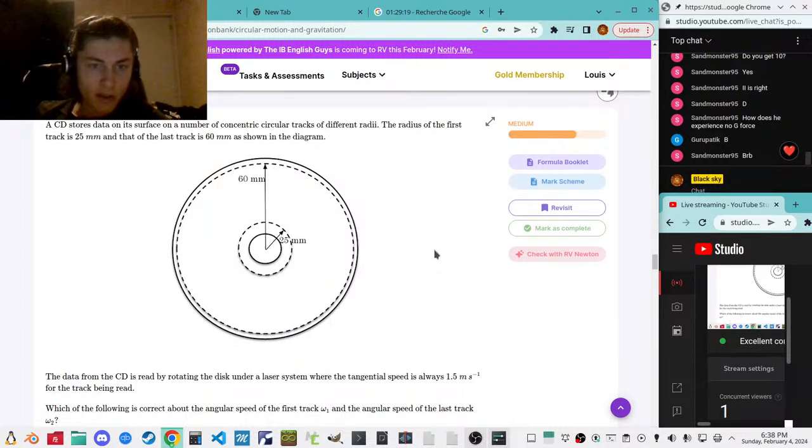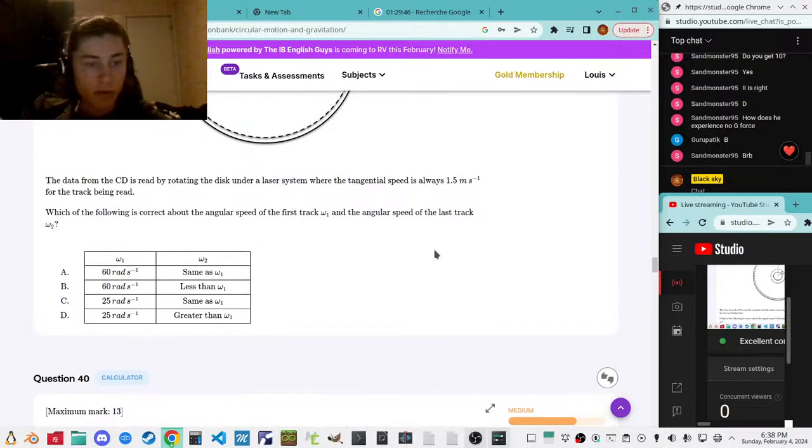Oh, it's still omega is dependent on R. Oh, but velocity increases, so it doesn't matter. 1.5, then 1.5 divided by 60. What is that? 0.15. 5/2. 2.5.